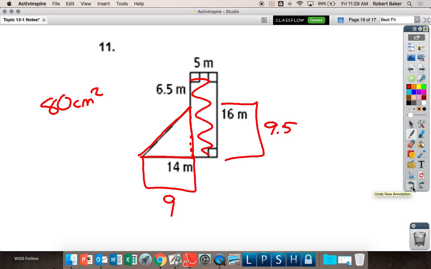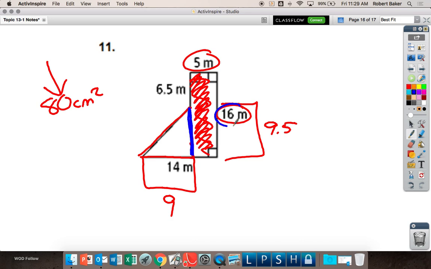Okay. Two things just happened. We drew our own line right here. So I'm able to find the area of this rectangle by doing base times height. That's where I got that number. Then I have to find the height of my triangle. I need to know how long this line is.